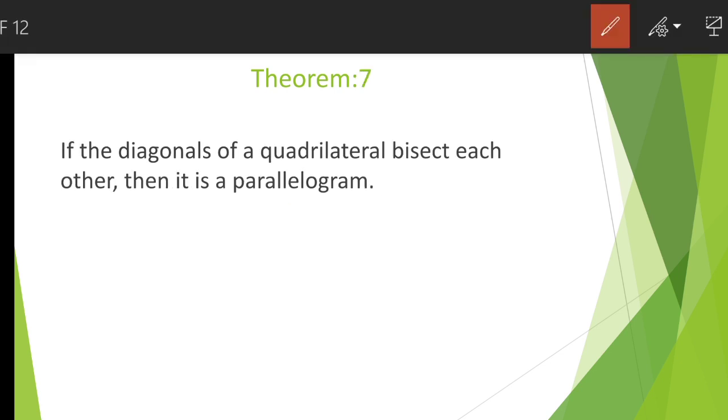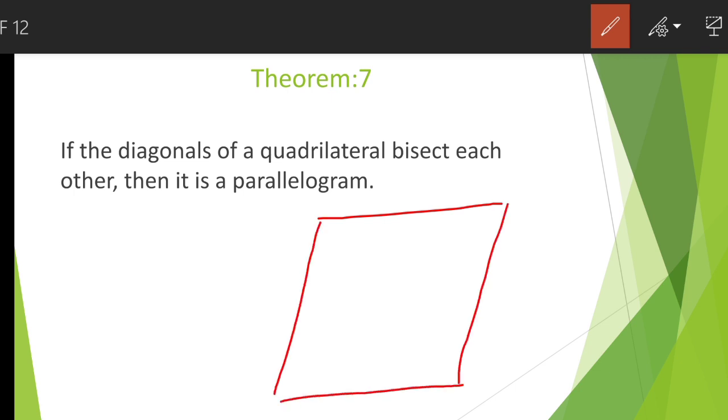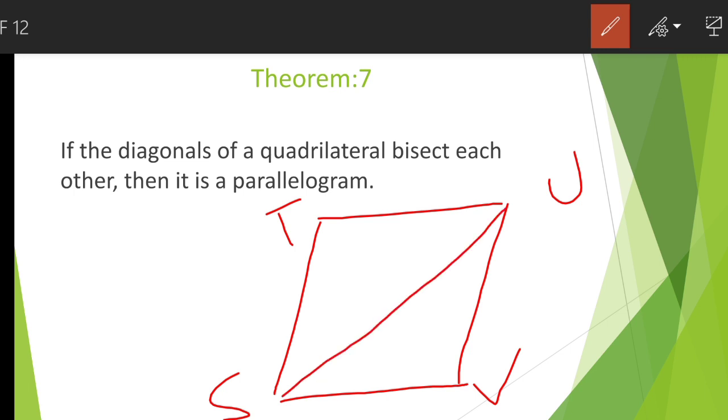Theorem 7. If the diagonals of a quadrilateral bisect each other, then it is a parallelogram. Suppose we have a quadrilateral STUV, and its diagonals bisect each other.